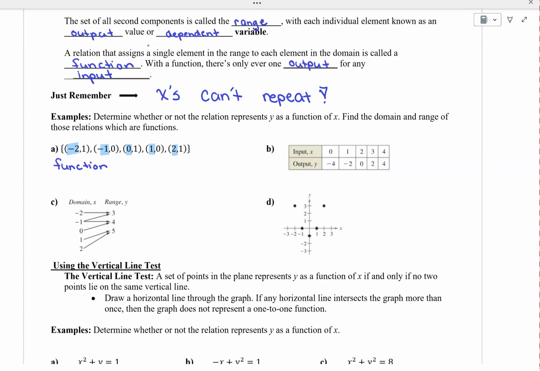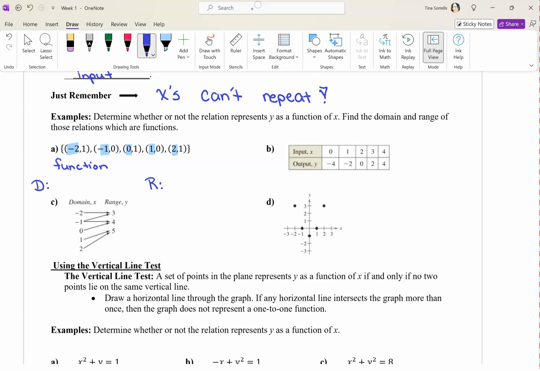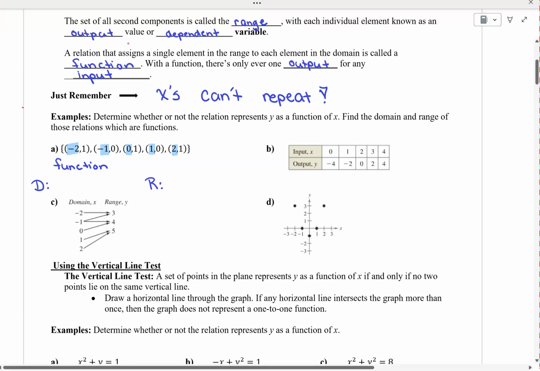Now remember, it wants us to tell us the domain and range. So we're going to get set up for our domain, and then we're going to set up for our range. But I do want to take a quick second here to make a little note that when you are doing this, you've got to make sure that you order them from least to greatest.